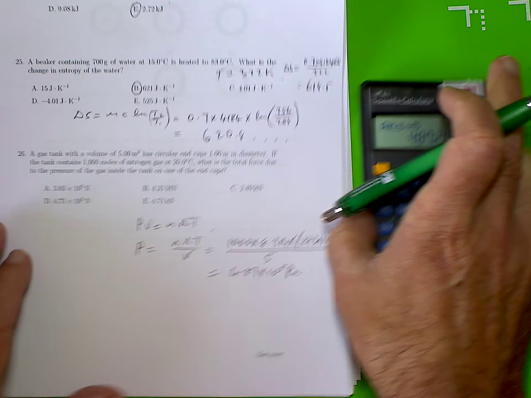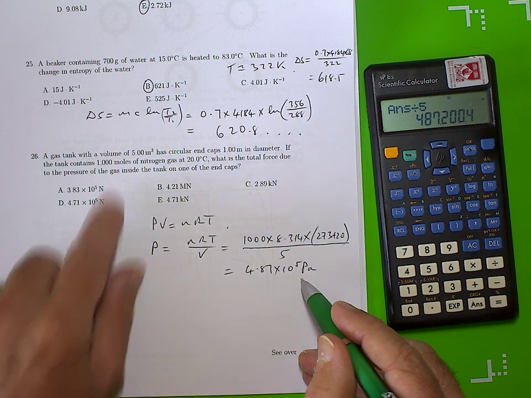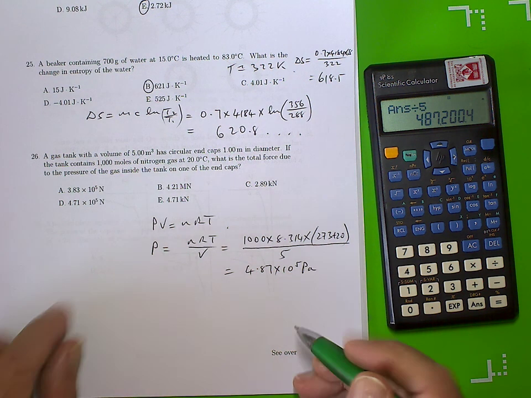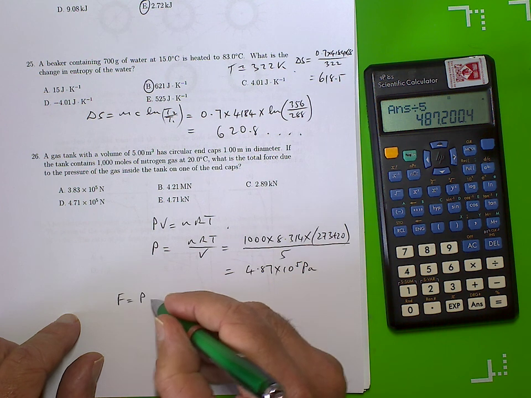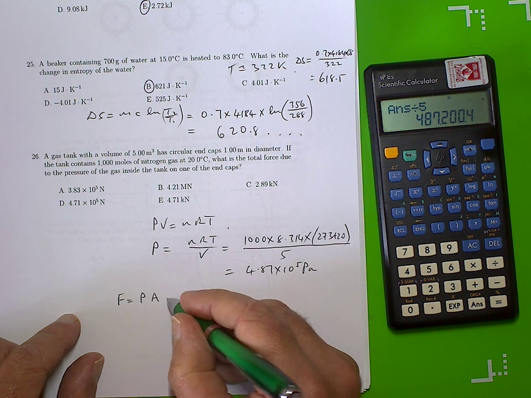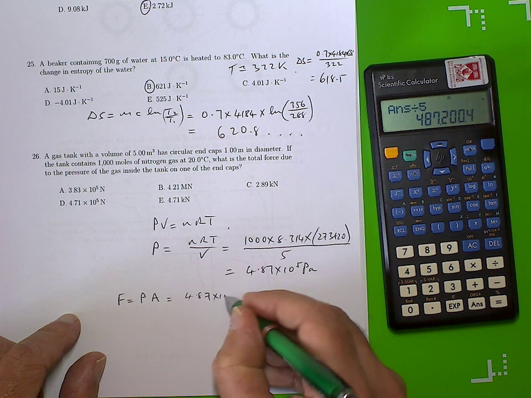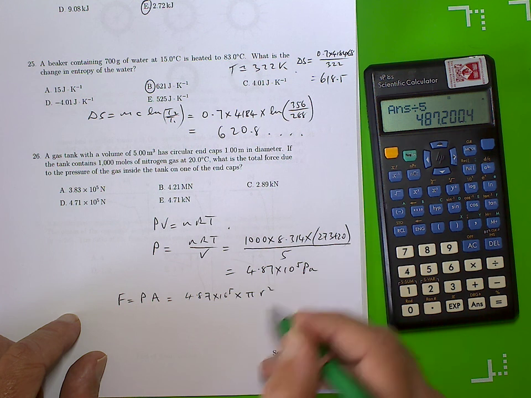But it doesn't want the pressure. It wants the total force due to the pressure on one end cap. So force is equal to pressure times area. 4.87 times 10 to the 5th times the area, which is pi r squared.